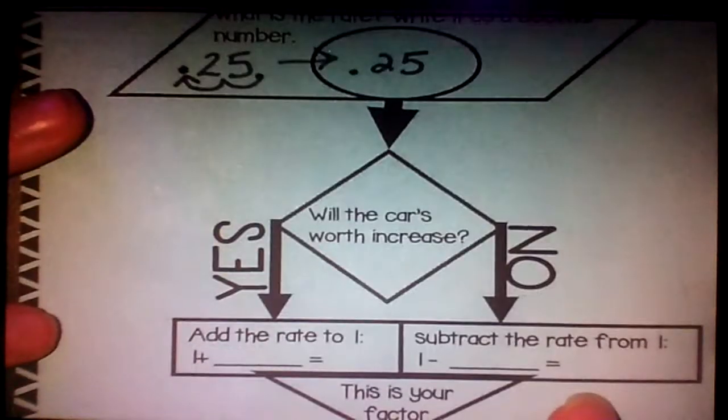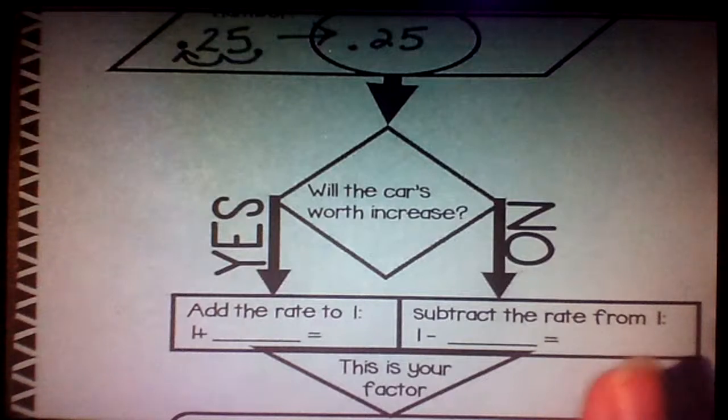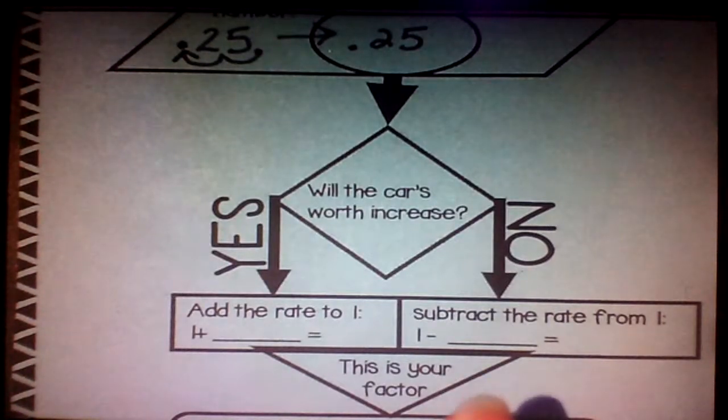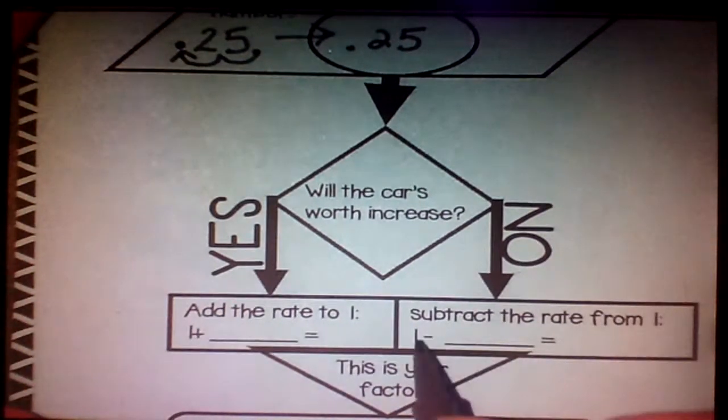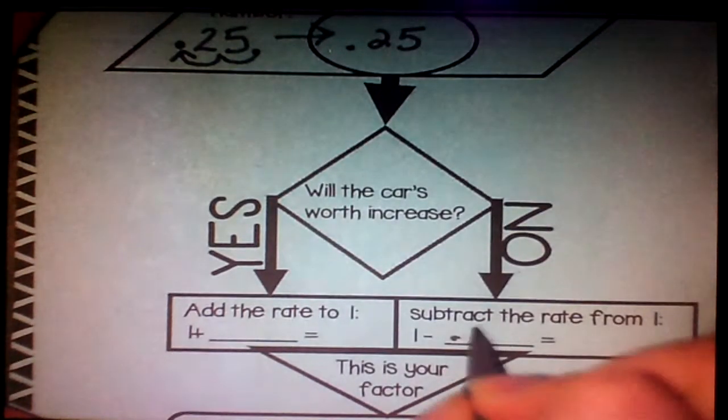Then you need to decide, is my car value increasing or decreasing? It's decreasing. So, will the car's worth increase? Your answer is a no. So we move over to here: 1 minus the rate that you had. So 1 minus 0.25.